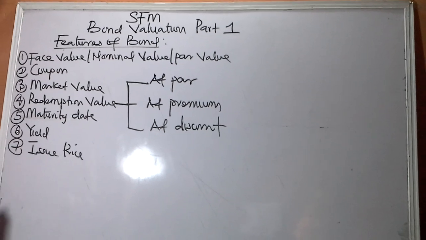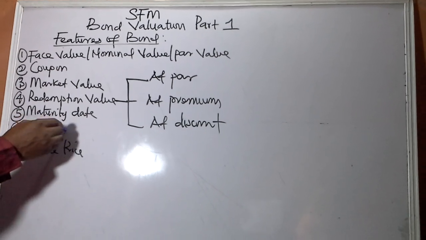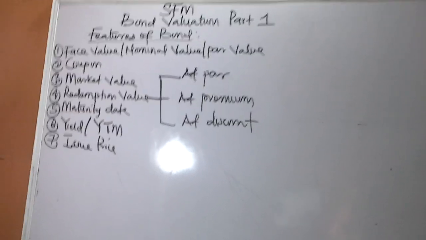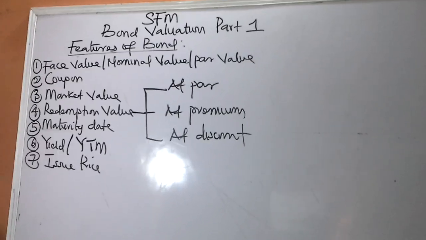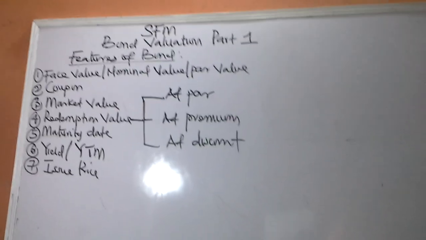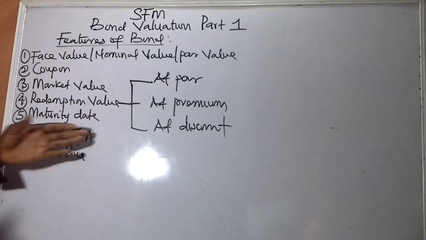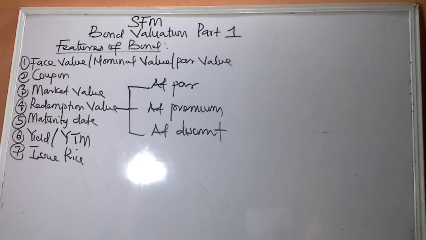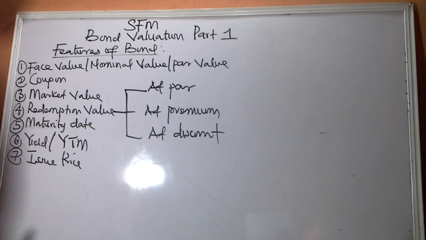Next, yield, or yield to maturity. This is the interest, that is the returns, that the bond holder expects to receive from the bond issuer.